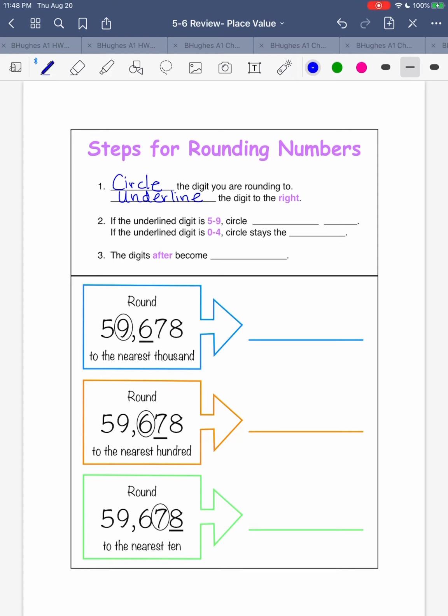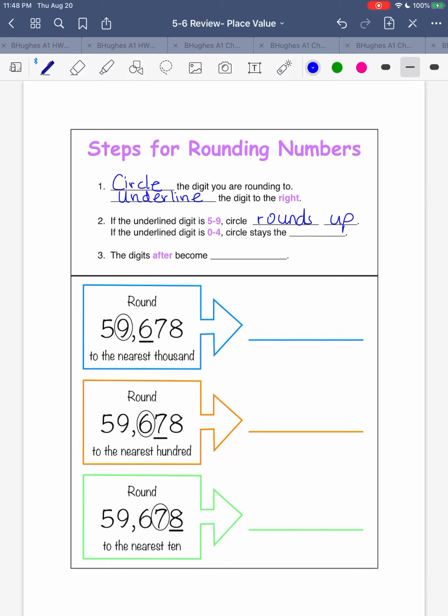If that underlined digit is between 5 and 9, the circled part, the place value we're rounding to, rounds up. So we're going to use the higher number that we possibly were going to round to.